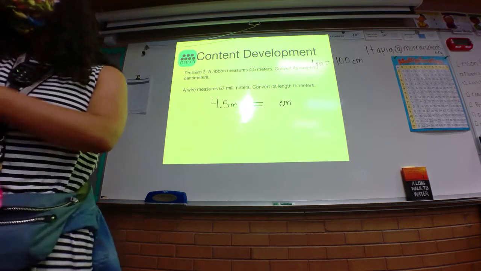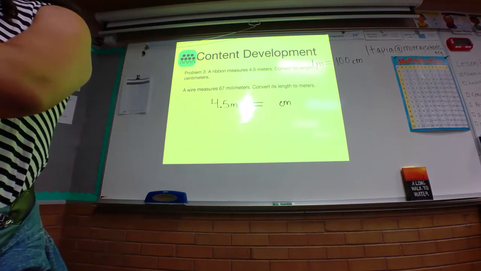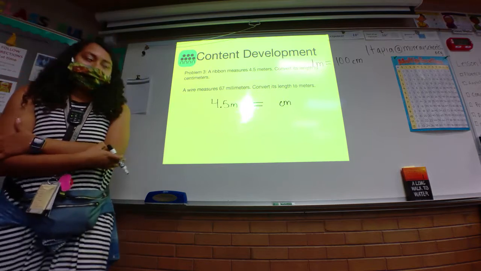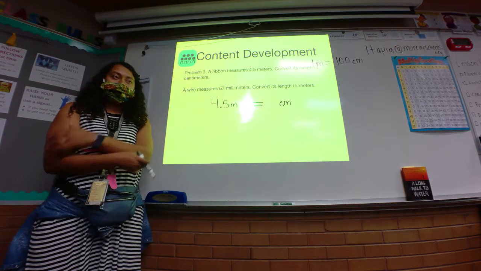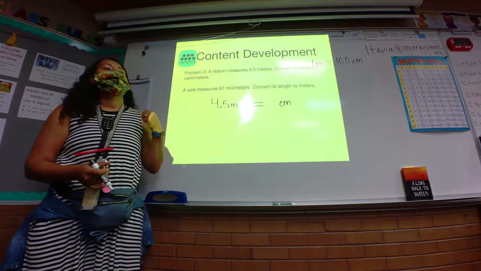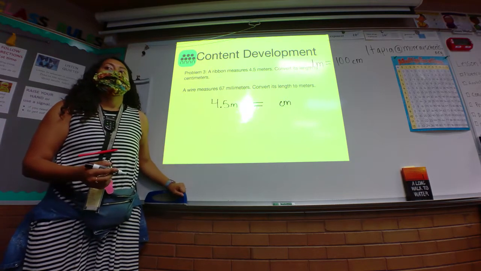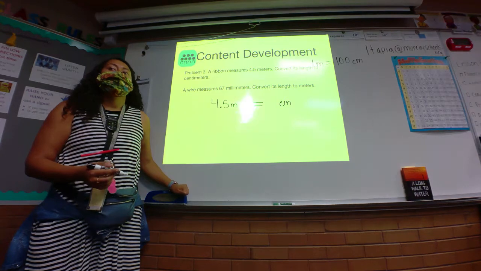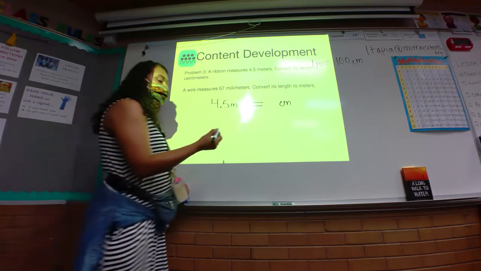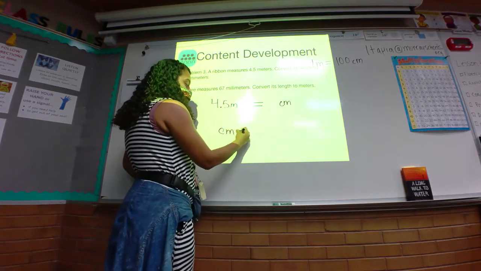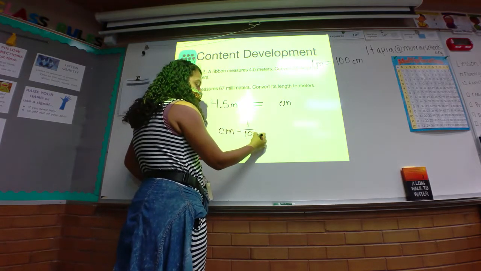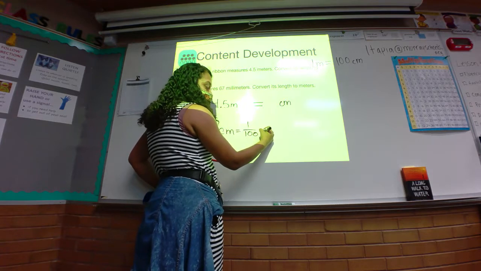Okay, so how did we solve this? How did some of you solve it? Who wants to share? Okay, Dylan, turn around. Put on your markers, you don't need to write down. Noah? So centimeters are hundredths of a meter. So centimeters equals 1/100th of a meter. Okay.